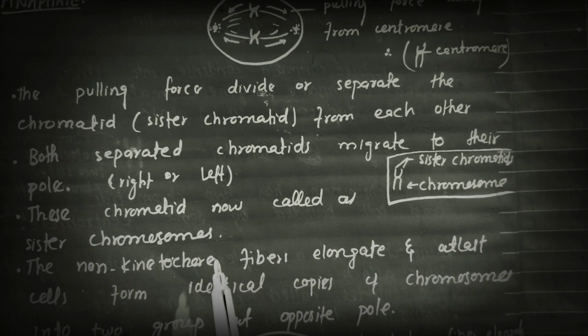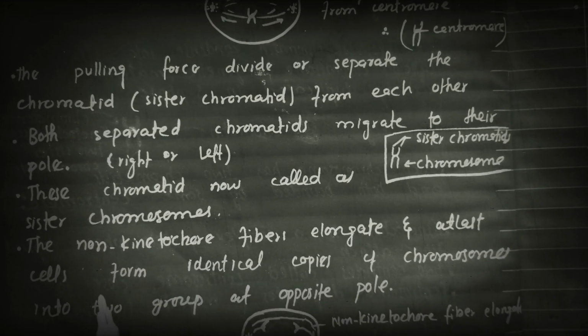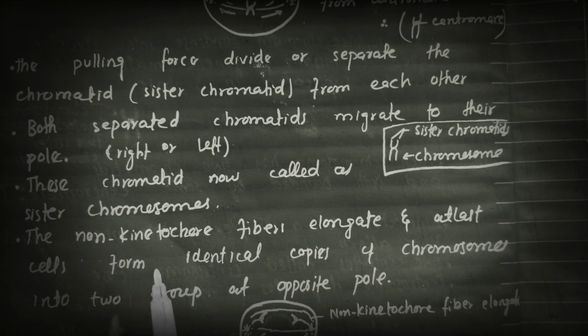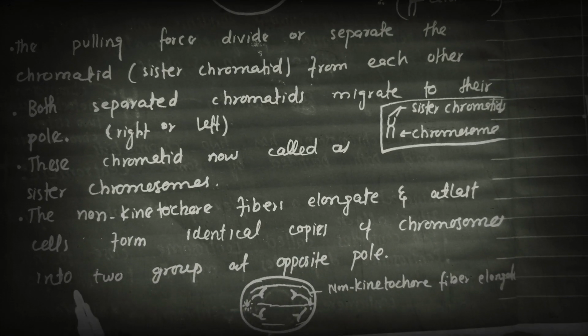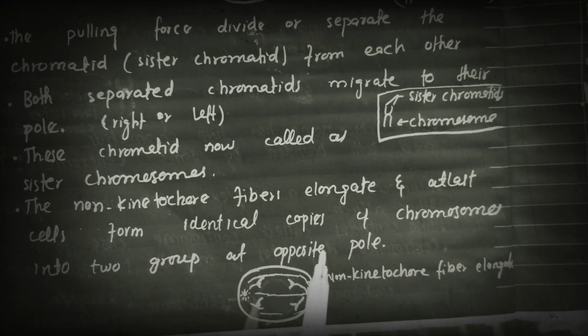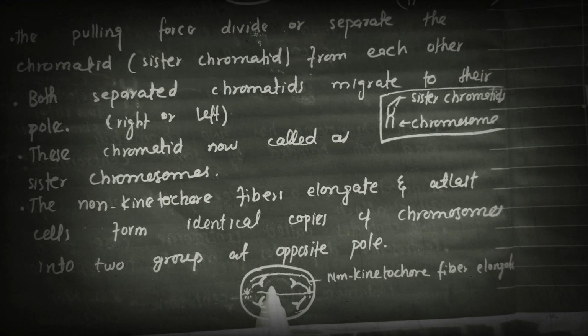The non-kinetochore spindle fibers elongate and at last the cell forms identical copies of chromosomes into two groups at opposite poles. This is two identical copies.